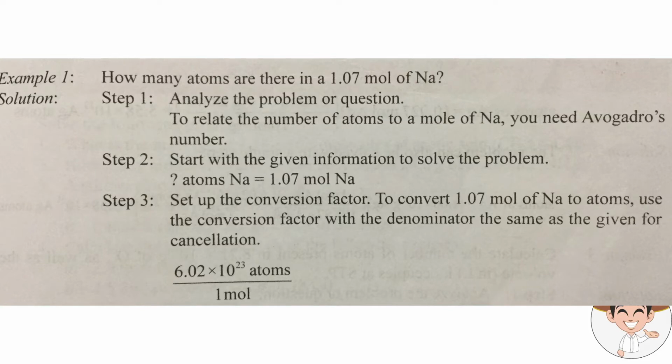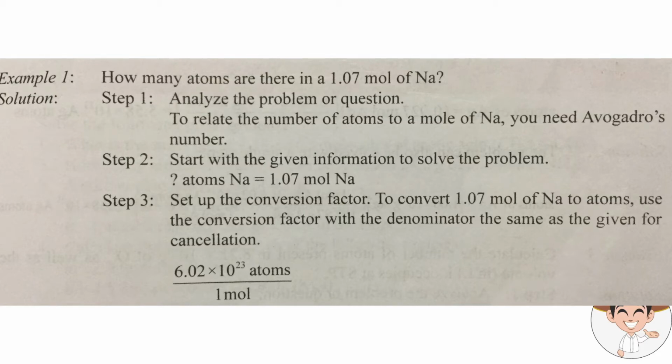Now, you are going to start with the given information to solve the problem. So, the question here is, we don't know yet the number of atoms of Na, but it is equivalent to 1.07 mole of sodium. So set up the conversion factor. To convert 1.07 mole of sodium to atoms, use the conversion factor with the denominator the same as the given for cancellation.